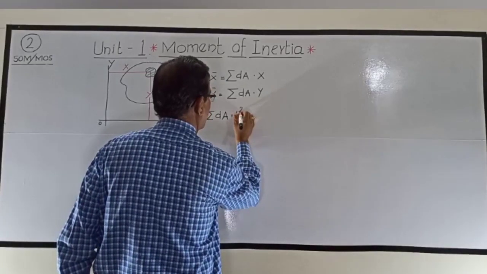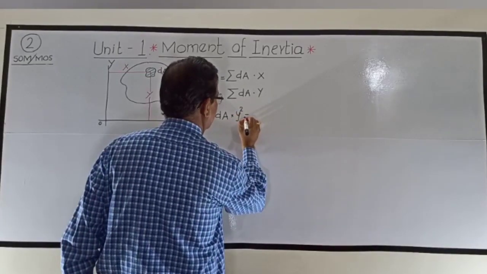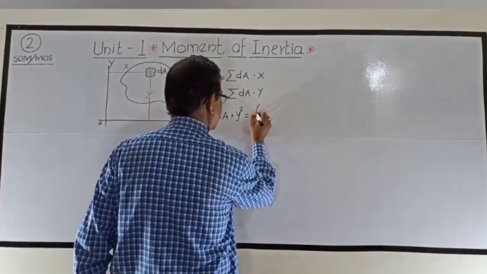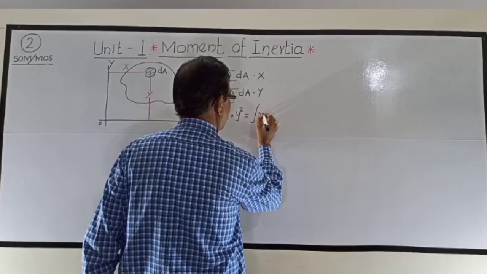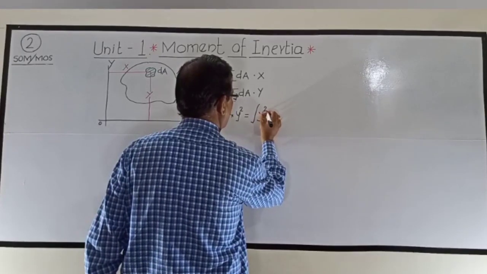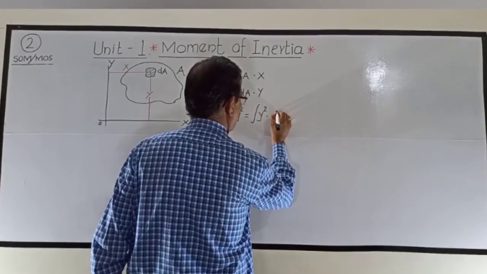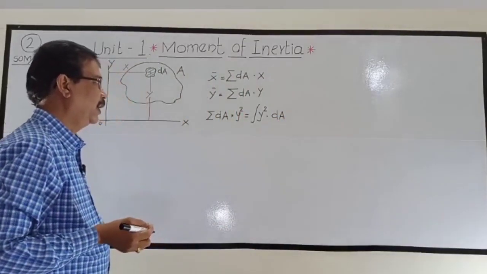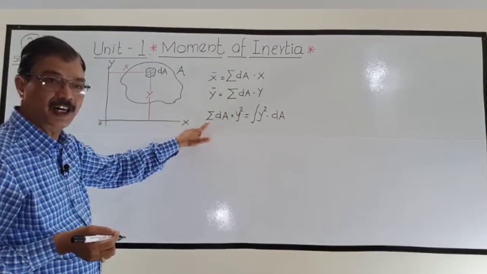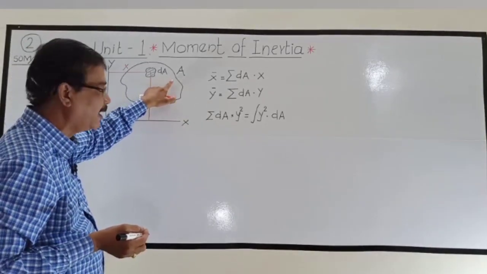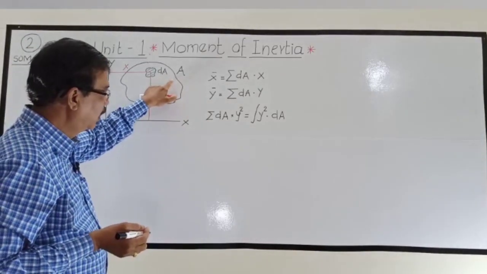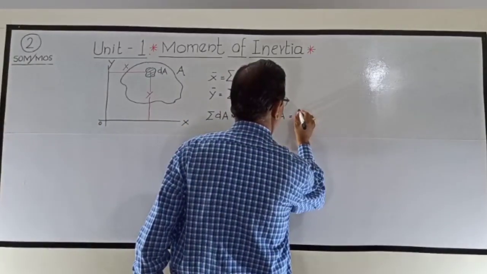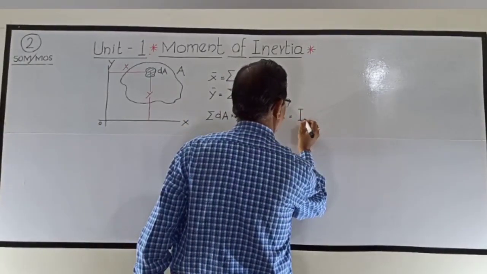So y square, which is also denoted as integration y square dA. And what is this? This is the second moment of area about the x-axis. So this is denoted by Ixx.